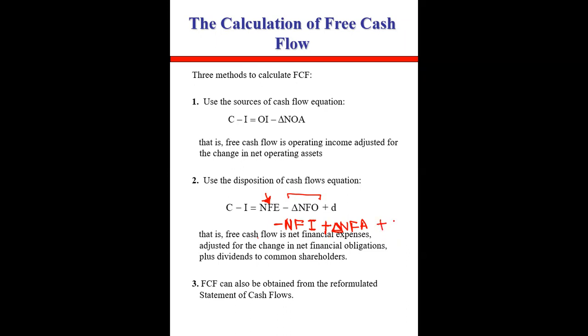And the D is the same. So this equation, what I wrote here, is applicable for the company which has net financial asset. And this conventional equation, which is also the cash conservation equation, is applicable for the company which has net financial obligations. Okay, so let's try to apply it for Nike.